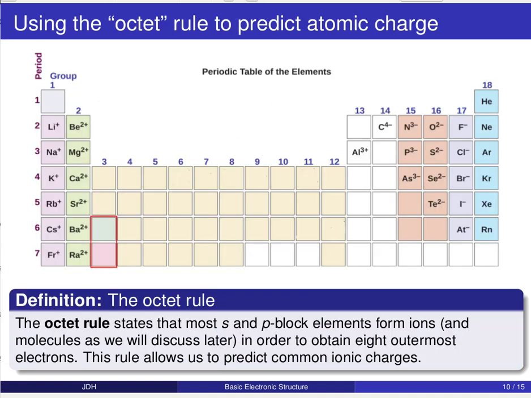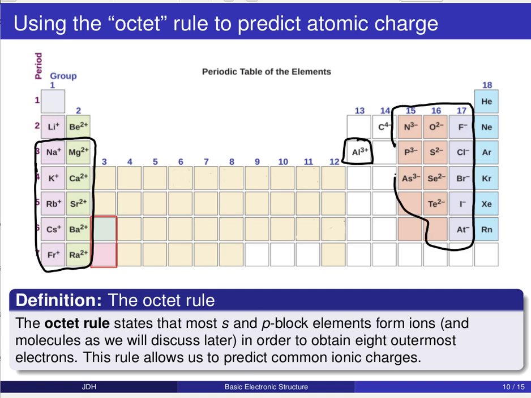And so a way that this general principle is often laid out is in the context of the so-called octet rule. If you notice, a lot of the elements that we're working with here, in fact all of these, and we're not really going to be concerned with carbon for our discussion here, all of these circled in black will tend to find the nearest noble gas and satisfy a so-called octet.